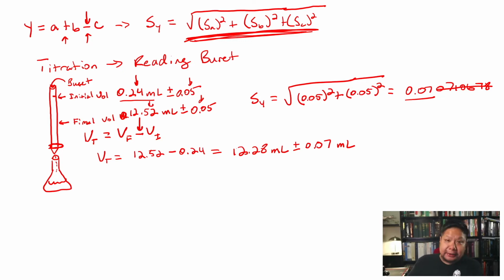So you'll be doing a lot of titrations in the lab, and whenever you do, I expect that all the volumes you calculate from the final minus initial on those burettes have propagation of uncertainty applied to each one of those measurements. And for the concentrations, you also have to use the other propagation of uncertainty equation that involves division or multiplication.